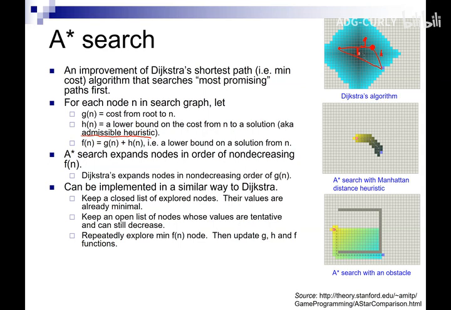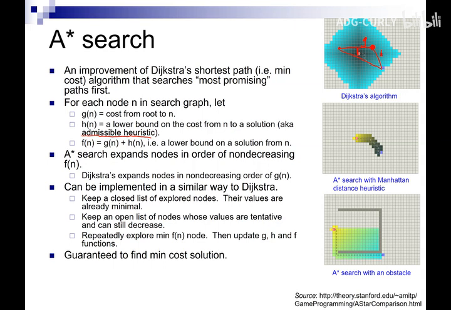For each of these open nodes, you compute this f value, look for the node with the smallest f value, and explore that node. When you explore that node, you can potentially get a new cost, and then a new f value for that node, so you update all of these values.